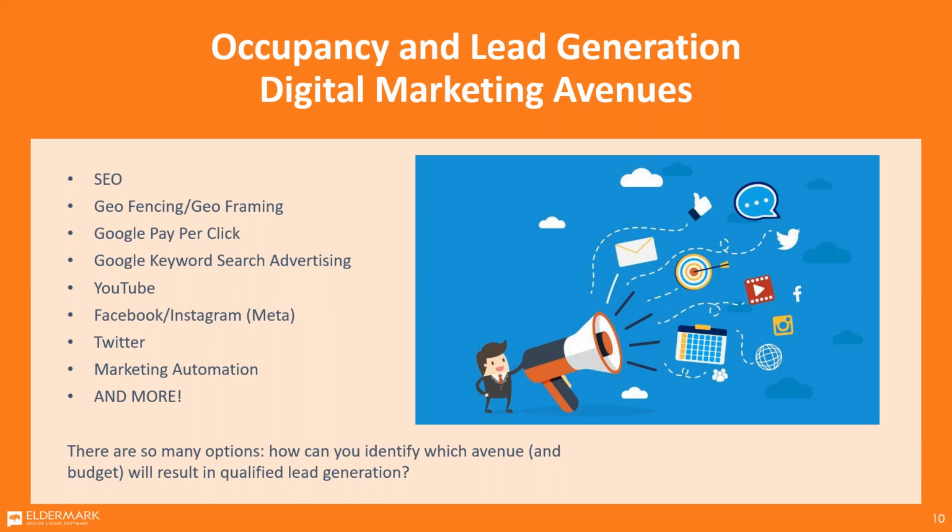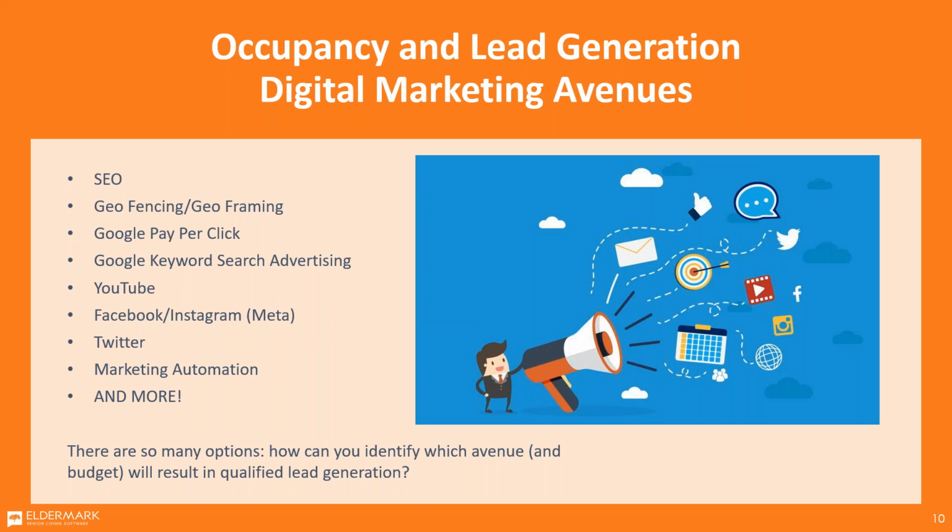So there's so many different digital marketing avenues, especially in today's day and age. It can be really overwhelming on what is going to work best for your organization. What decisions do you need to make? You don't need to do all of them, that's for sure. But you do want to find a digital marketing agency that is senior living focused, that can help you do an analysis on your current state of your organization and then help you make those decisions accordingly to try and obtain your goals.